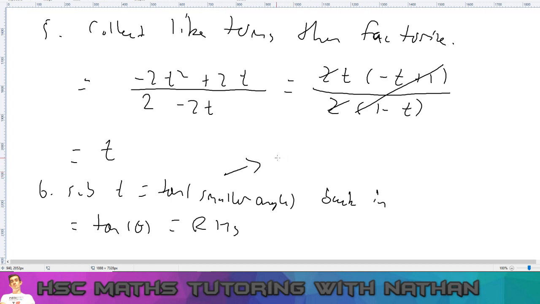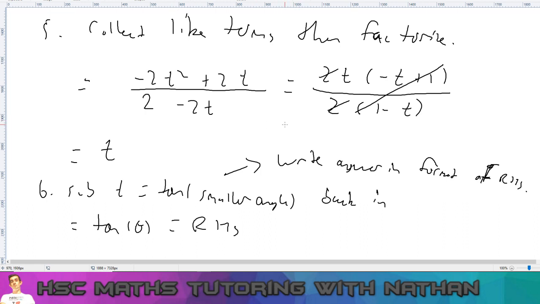But basically you write the answer in the format of the right hand side, whatever the right hand side is, once your fraction's as simple as possible. If you've done it correctly, you'll have a very simplified fraction in t, and it's usually just going to be straight away the answer.